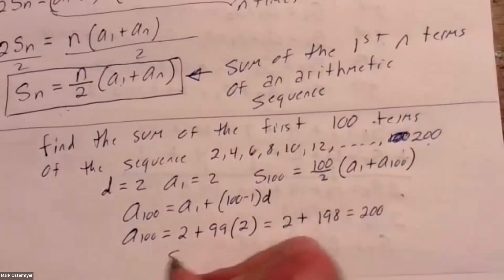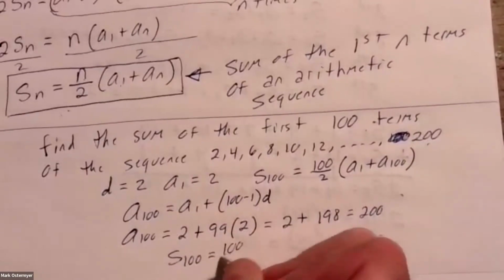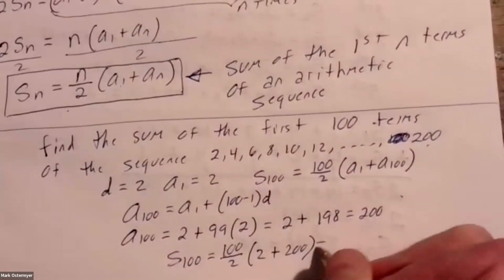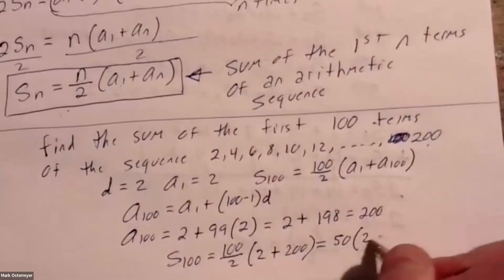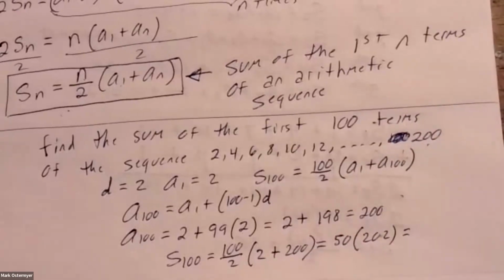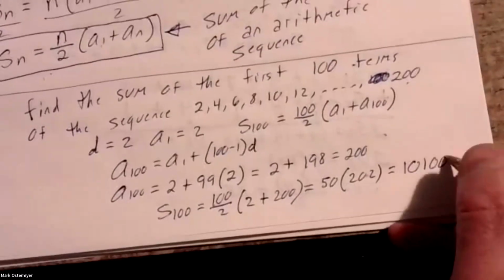So now we can find the sum. The sum of the first 100 terms of this arithmetic sequence is 100 divided by 2 times 2 plus 200, which is 50 times 202. And what is 50 times 202? It's going to be 10,100.